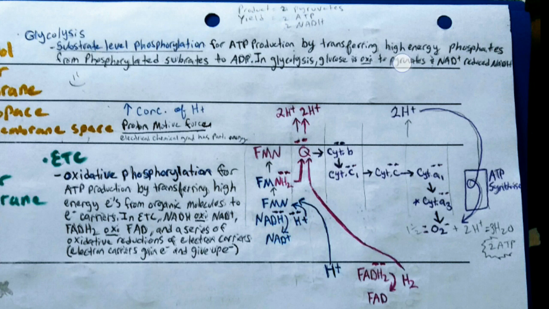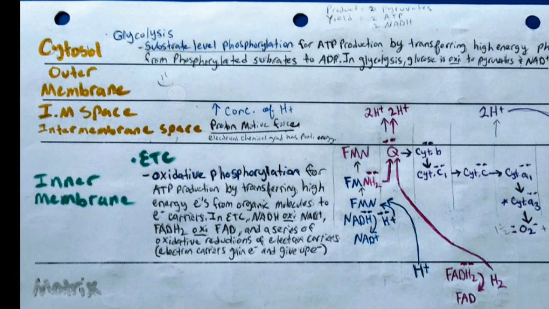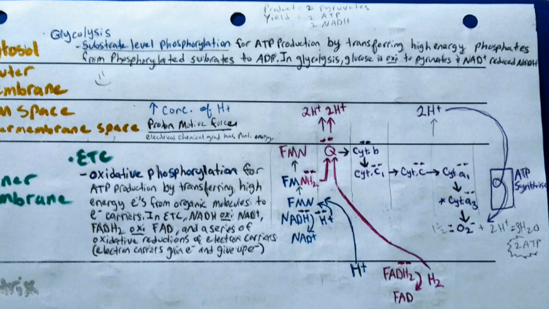If you want to be more specific, like using the whole cellular respiration, you could use it again. When you think about glycolysis, think cytosol, and think about substrate level phosphorylation for 2 ATP productions by transferring high energy phosphates from phosphorylated substrates to 2 ADPs.